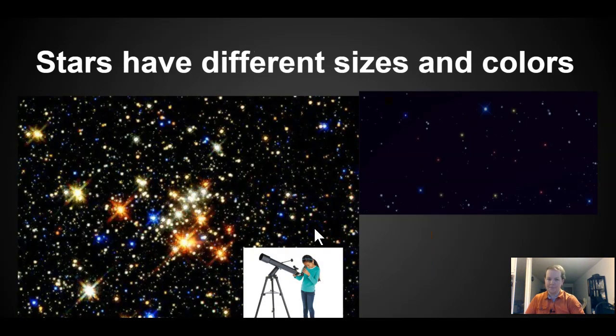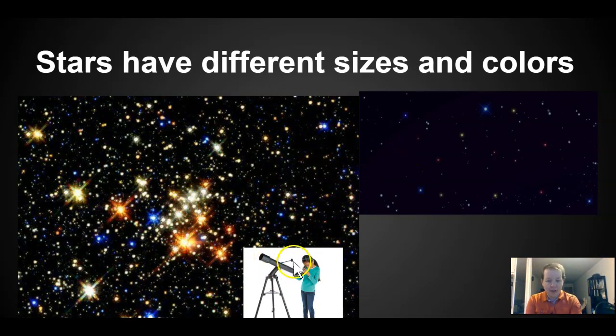So, stars have different sizes, but also stars have different colors. It's a little hard to see different colors when you look outside with just your eyes. But if you use a telescope, if you look at the stars at night, look at both of these pictures.